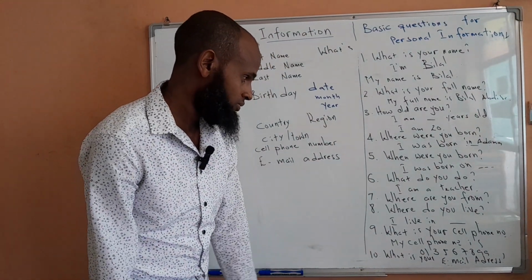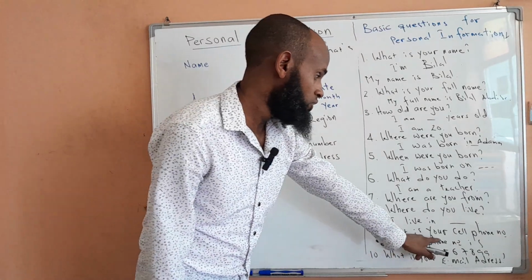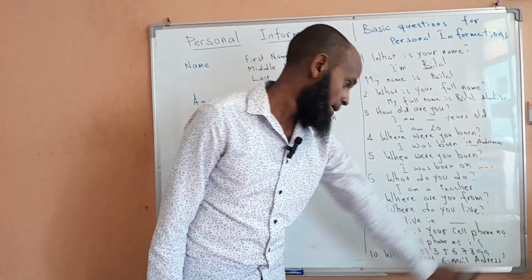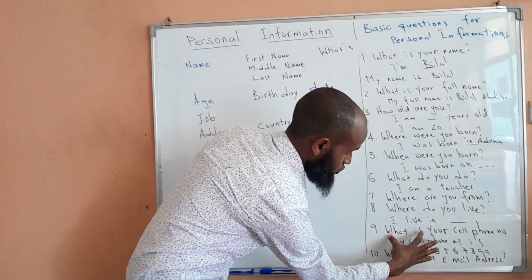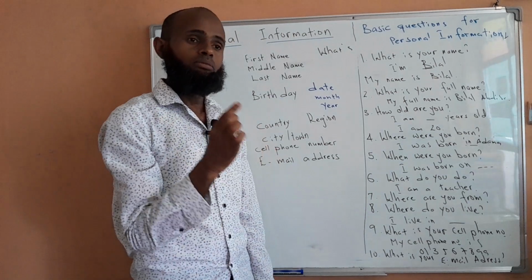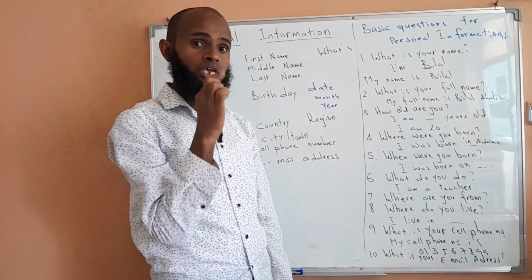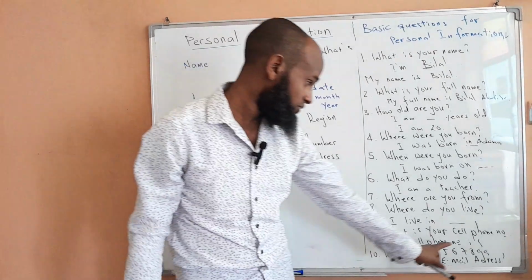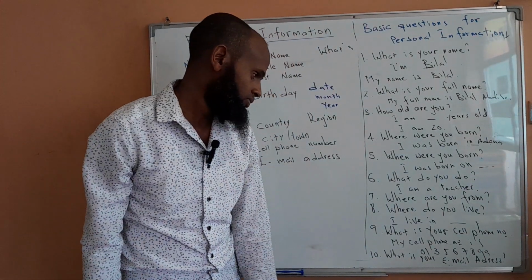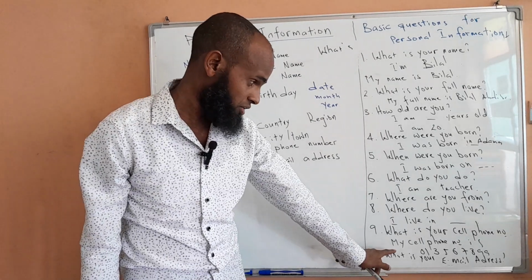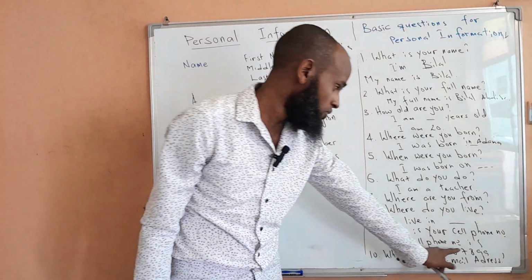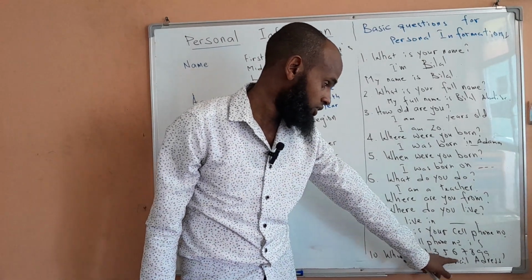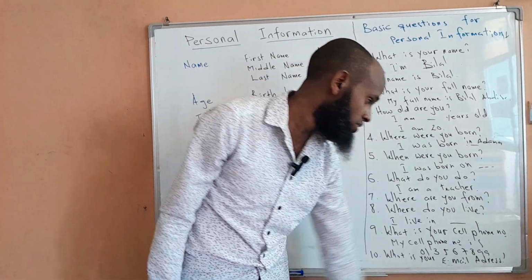Number 9. What is your cell phone number? You can also contract this by saying what's. In spoken English, most of the time we contract words, so we say what's your cell phone number? The answer is, my cell phone number is 013567899.